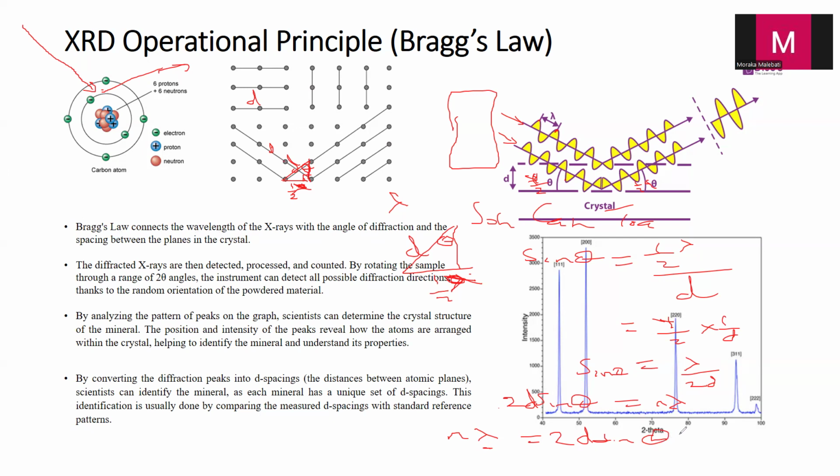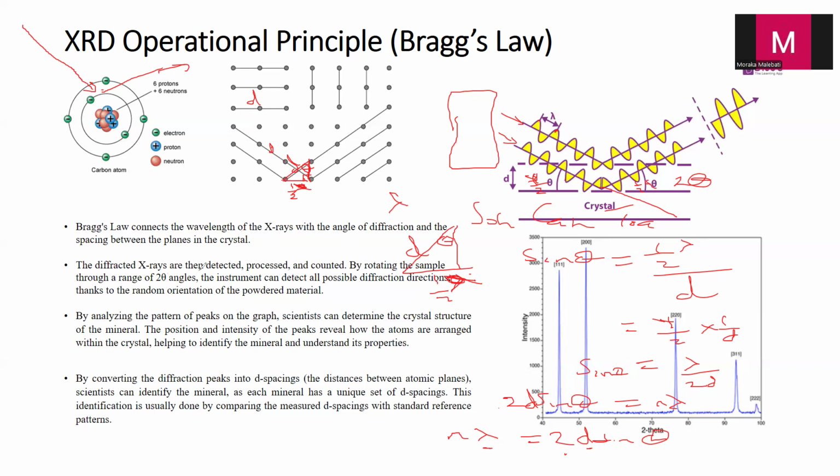The angle between the incident and the diffracted rays is what you call 2 theta. So Bragg's law connects the wavelength of the X-rays with the angle of diffraction and the spacing between the planes in the crystals, or the atomic spacing, or the distance between the atomic planes. That is what you call Bragg's law.